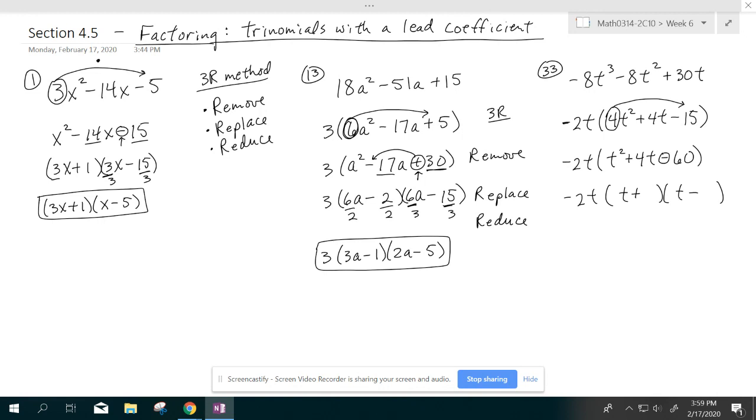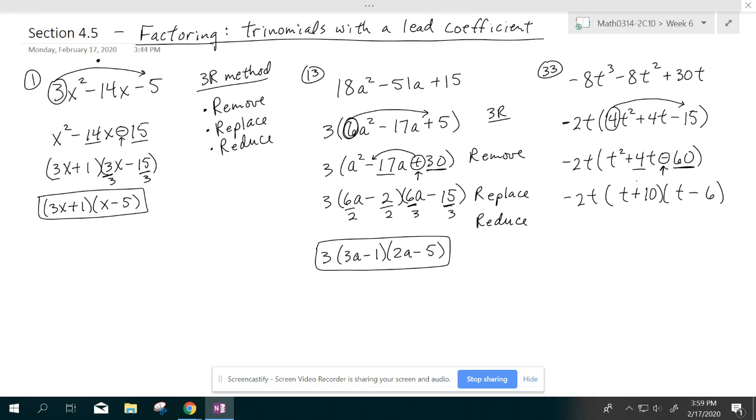Negative 6 and positive 10. Now, do y'all see why it's those two numbers? 6 times 10 is 60. 10 minus 6 is 4. Multiply to make 60. Subtract to make 4. Got it? And that's my final answer?